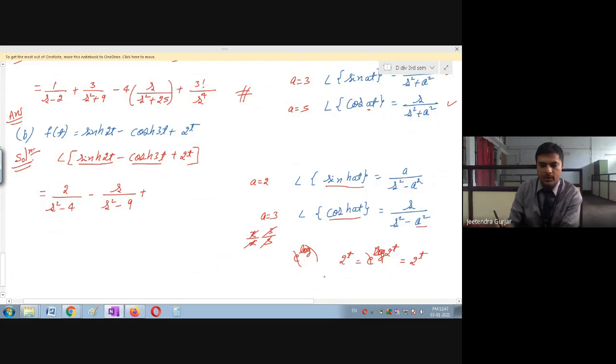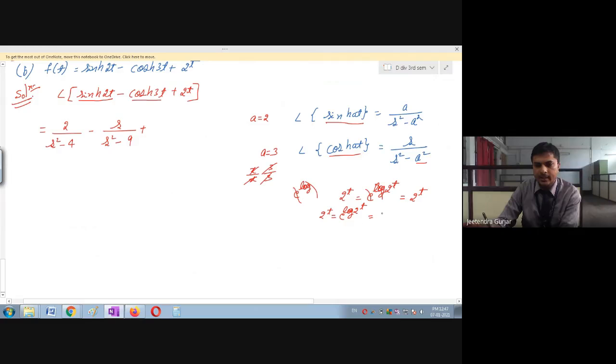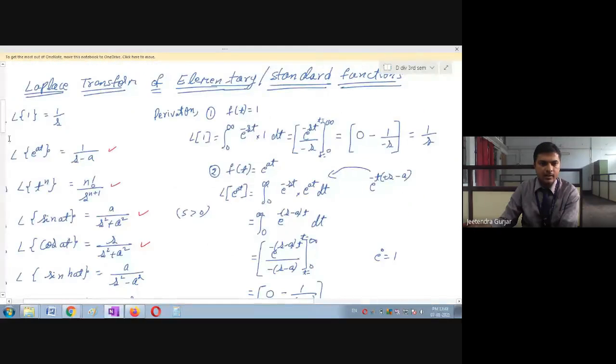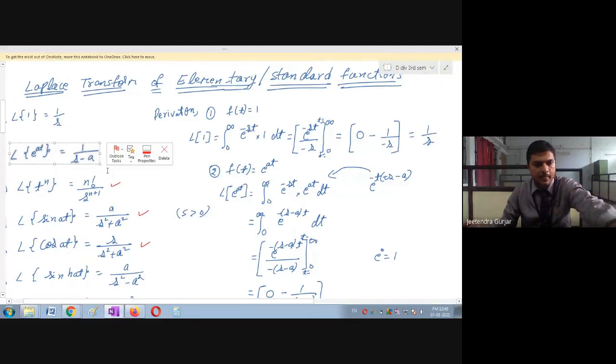Therefore, I will modify this 2 raised to t and write it as e raised to log 2 raised to t, so that by using the log property I will bring this t in front. So it is going to become e raised to t log 2. One can easily see I have taken this log 2 as constant. So which formula will I use? This formula I will use.